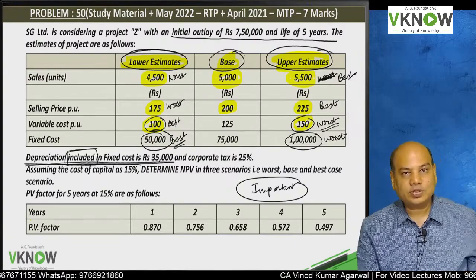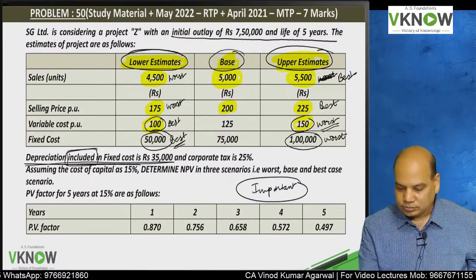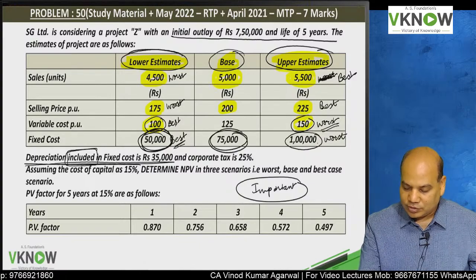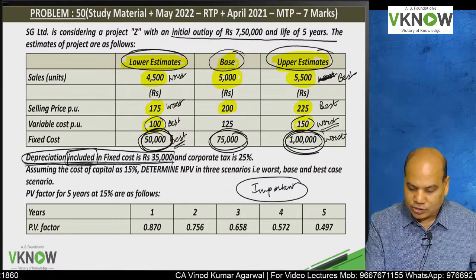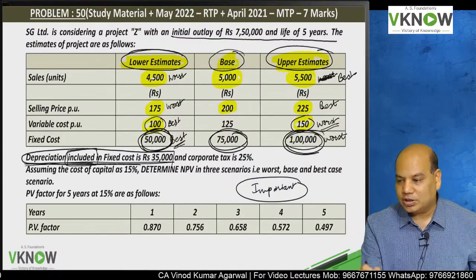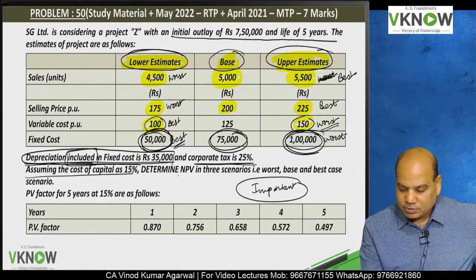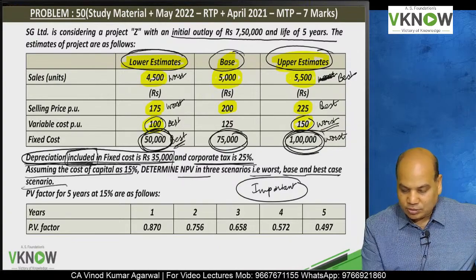In some previous question today, the wording used was excluded. So this 50,000 or this 75,000 or this 1 lakh, they include 35,000 rupees of depreciation already included, and tax rate is 25%, cost of capital is 15%. Determine NPV in worst, base and best case scenario.